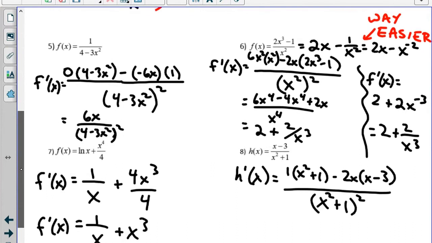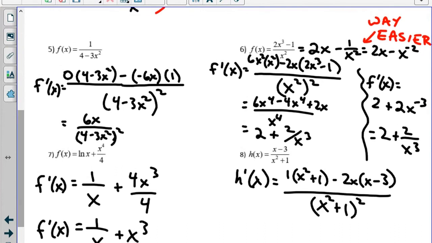Here's 5, 6, 7, and 8. I didn't simplify a lot of these, like number 8. I didn't simplify. You can if you want. Number 6, I wanted to show you that sometimes one way is way easier than the other. So if you recognize that you can divide out that x squared in f of x, that makes taking the derivative way easier because the power rule is a whole lot easier than the quotient rule.